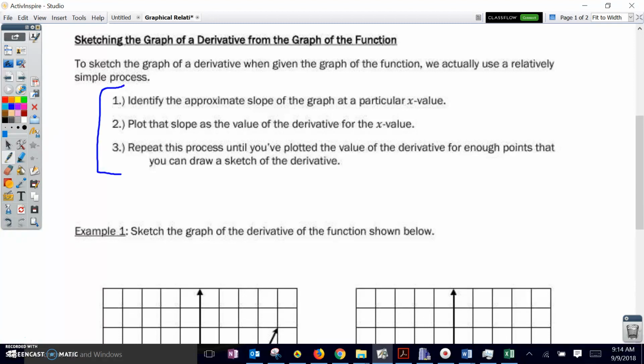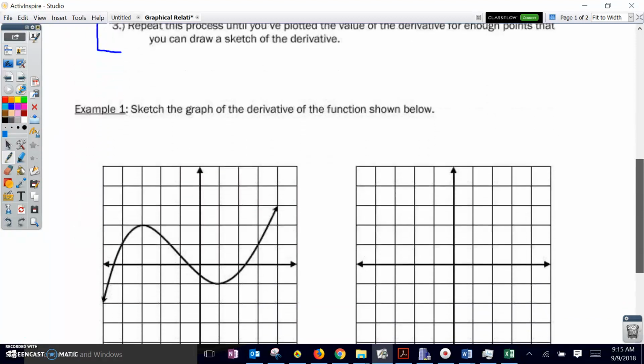We're going to identify the approximate slope of the graph at a particular x value. We'll plot that slope as the value of the derivative for that x value. And then we're going to repeat that process until we've plotted enough points that we can reasonably draw a sketch of the derivative. So let's look at example 1 here.